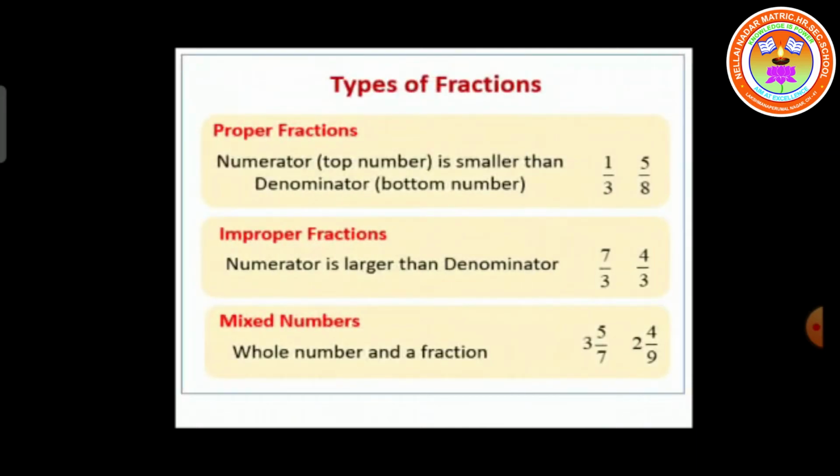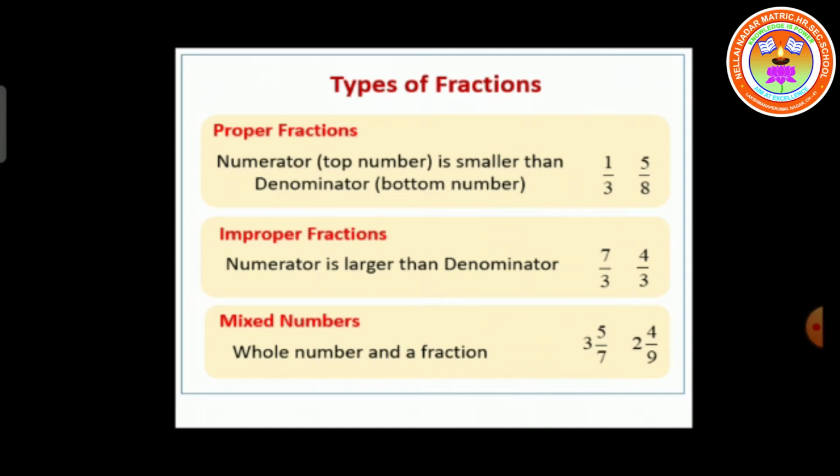Okay. The next thing is types of fractions. You know various types, right? Proper fractions, improper fractions, mixed numbers, equivalent fractions, unit fractions. Now we are going to see each one. Okay. First one is proper fraction. What do you mean by it? The numerator is smaller than the denominator.